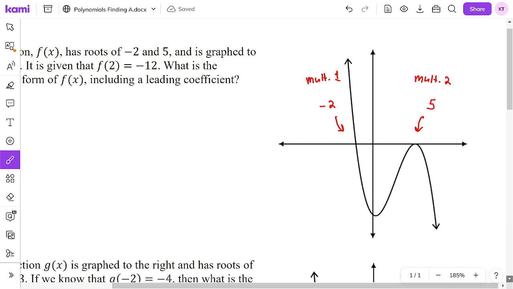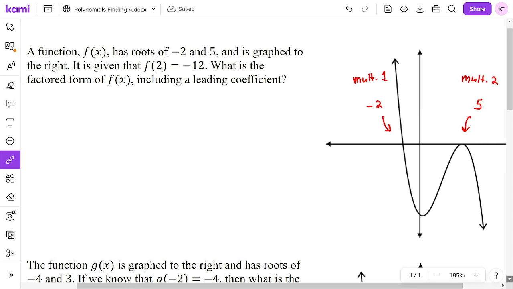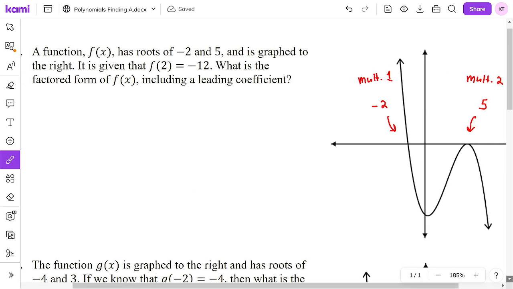So using all that information, we're going to write a general equation for this polynomial. And we're going to write that like f of x is equal to, again, we know there's going to be a negative leading coefficient based off of our end behavior. So it's going to be -a. And now we're going to go ahead and write our factors.